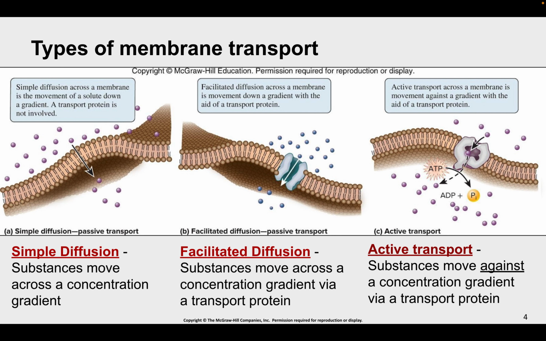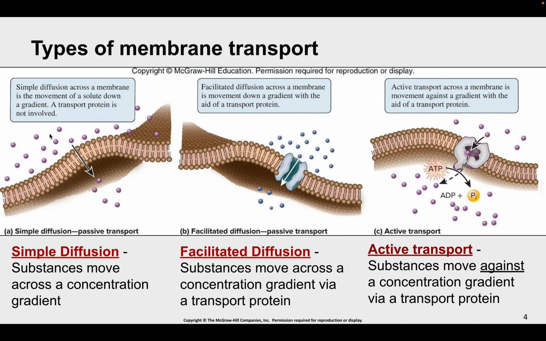Now there are different types of membrane transport. We are going to talk about 3 of them here. There is simple diffusion, where substances are moving across a concentration barrier, or concentration gradient. If we look at our phospholipid bilayer here, we can see that this purple solute, there are many more of them outside, or on this side of our membrane, than on the other side.